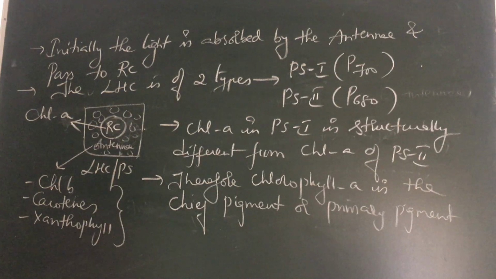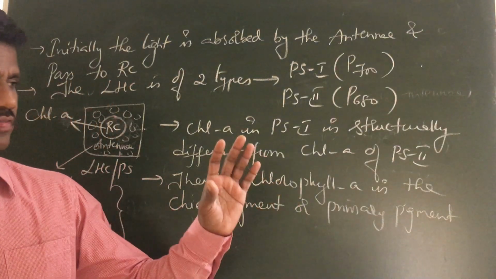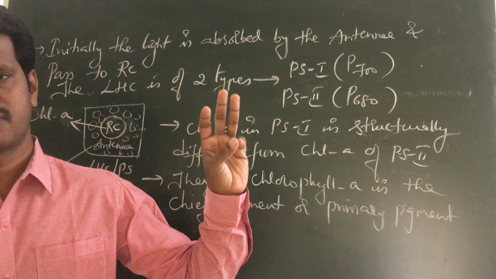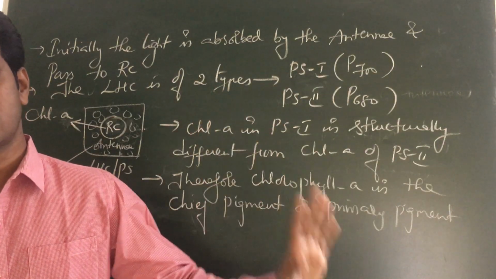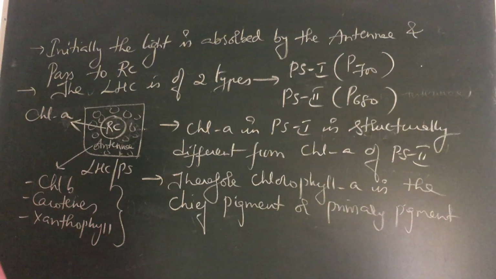So next we have to discuss photophosphorylation, that is, the light reaction. We are left with the light reaction. Photophosphorylation is of two types in the light reaction: cyclic and non-cyclic. What is cyclic photophosphorylation and what is non-cyclic photophosphorylation?